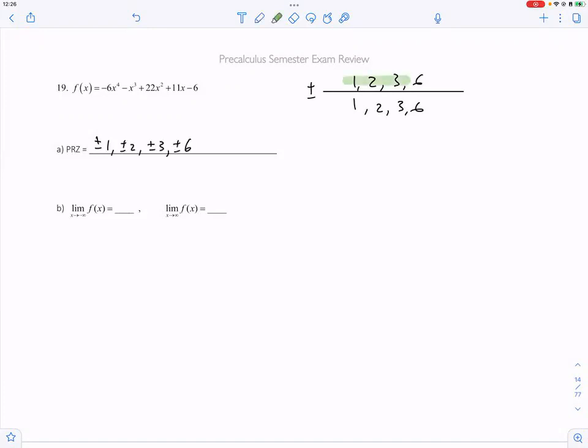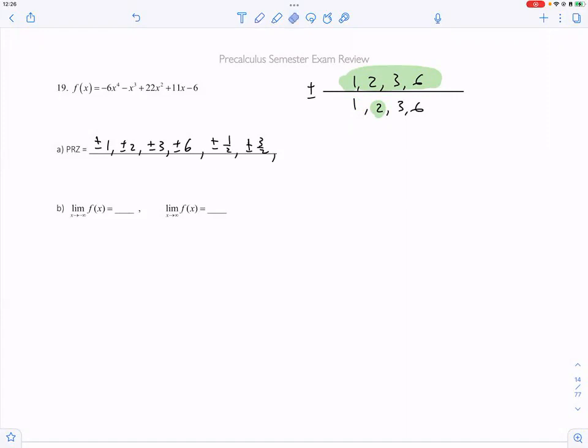So basically, I'm looking at all the numerators over the first possible factor right here, and then I'm going to switch to the next one. I would say plus or minus 1/2. Plus or minus, well, 2/2 is 1, which we wrote already. So 3/2, that's new. 6/2, which is 3, we wrote already, so we don't need it.